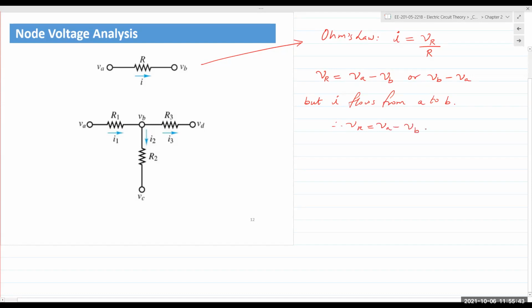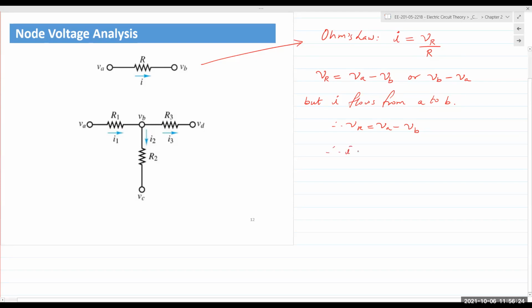So the assumption that you're going to make is the current direction. Node voltage analysis, again, we'll see this on Friday, requires you to make assumptions about the branch currents, meaning the current flowing through each individual resistor branch. And when you make that assumption, it doesn't matter which direction you choose, right? Because if the current is flowing from left to right and you write an equation for the first node, you're going to have the same exact direction for the second node and the third node, and so on and so forth. So when you add up all those equations together, it'll all work out.